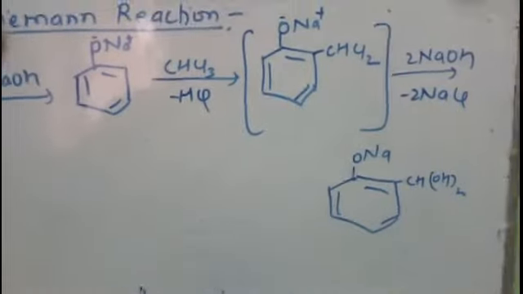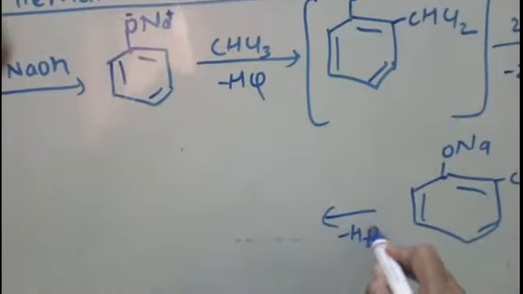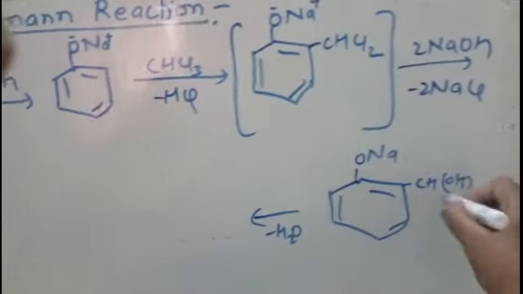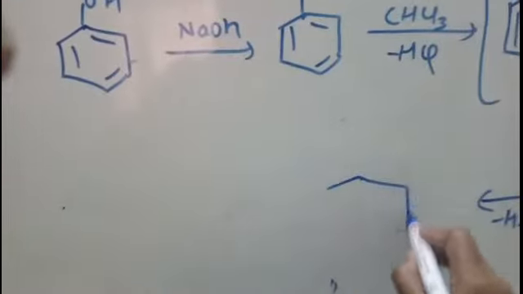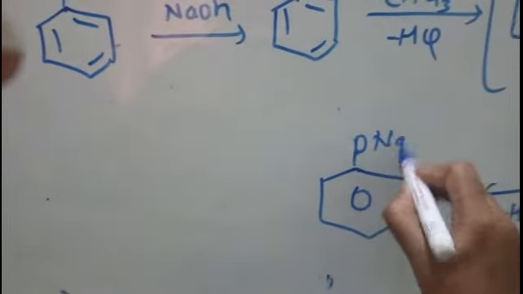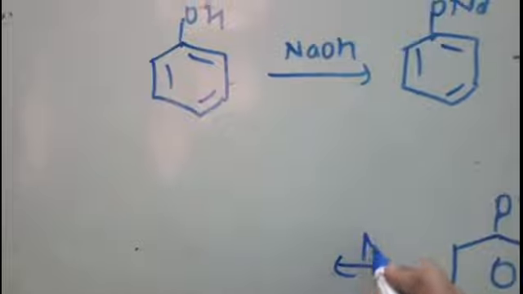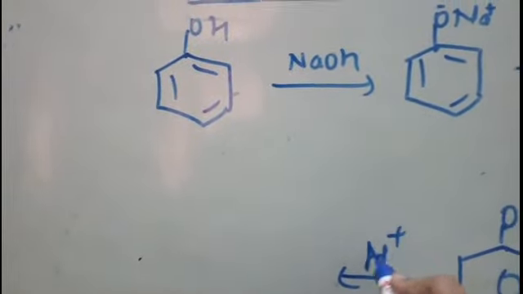Now when one carbon contains 2 OH groups, it is unstable, so it releases a water molecule, and it will be converted to an aldehyde group, right? Sodium salicylaldehyde is formed, and then it is treated with H plus or any acid.